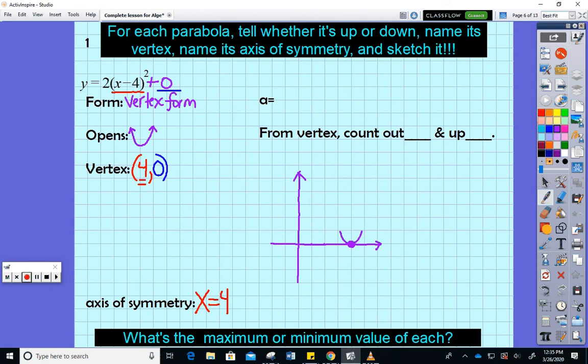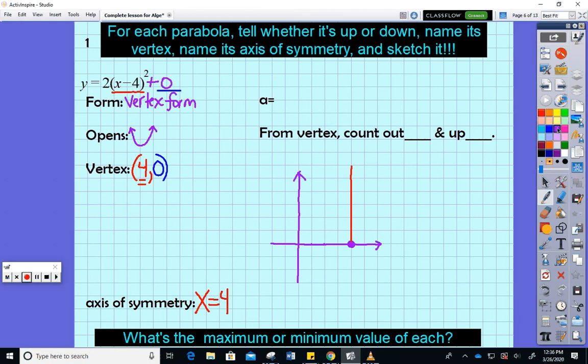So I will go back and I'll fix that a little bit better in a minute. But I do know that the axis of symmetry is the vertical line x equals 4. So that axis is going to cut through the middle of the vertex. And I'm drawing it only upward so that the parabola can spread out upward on either side of the axis of symmetry.